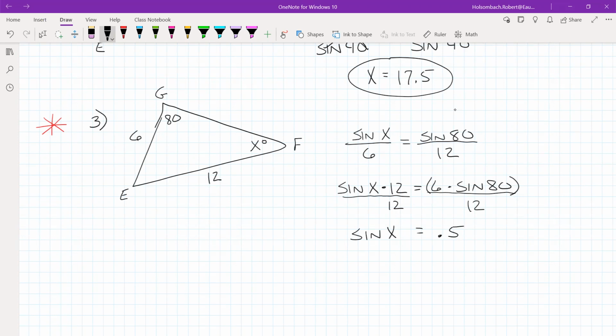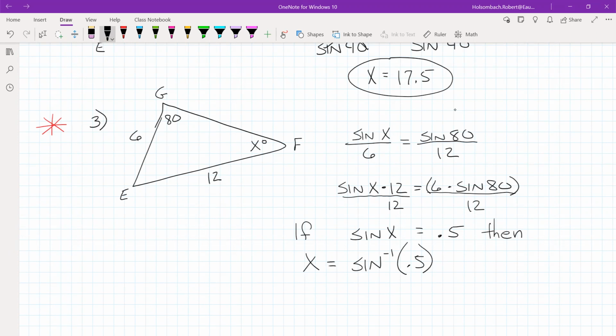If the sine of X is 0.5, all right, we can say if sine of X equals 0.5, then the inverse sine of 0.5 is equal to your X. Then X equals the inverse sine of 0.5.